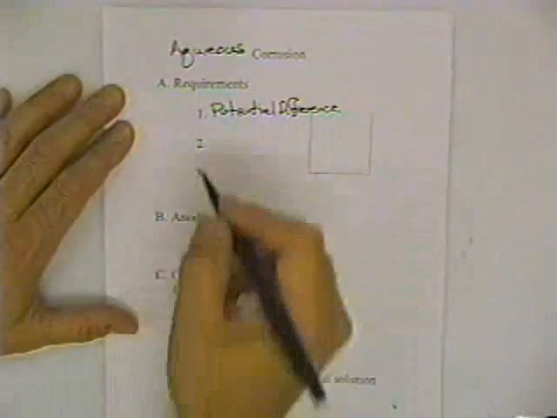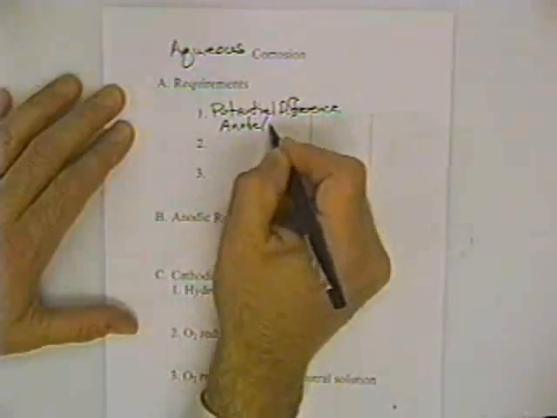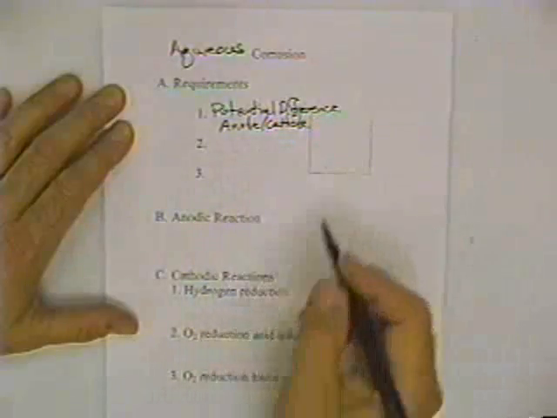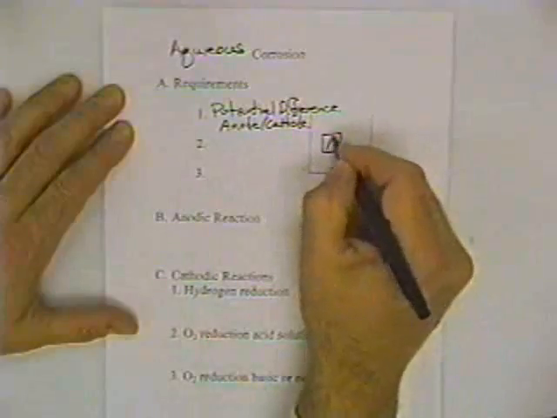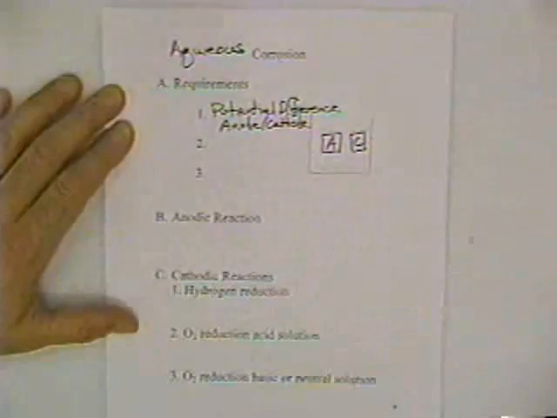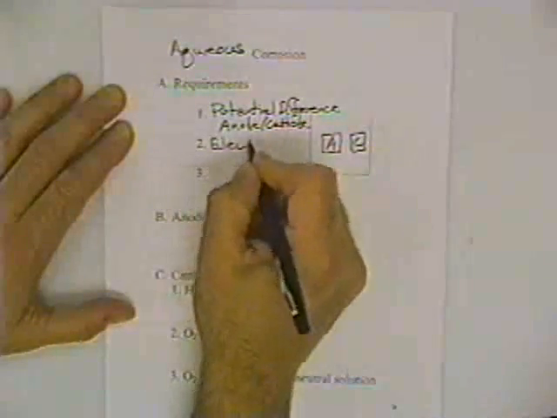And that potential difference means that you're going to develop an anode and you're going to develop a cathode. So if we have a solution here, we're going to have an anode and we're going to have a cathode.